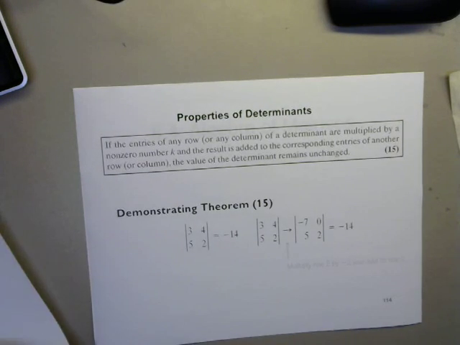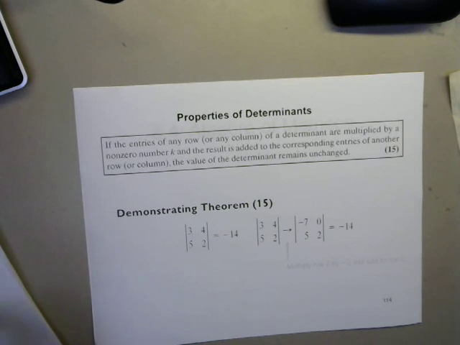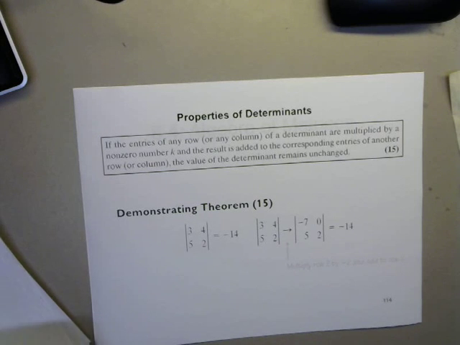This goes back to that property we were talking about before, where if you add a multiple of one row to another row, the value of the determinant will remain unchanged.